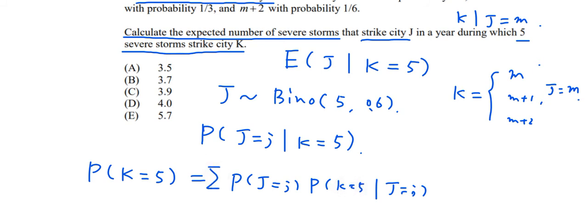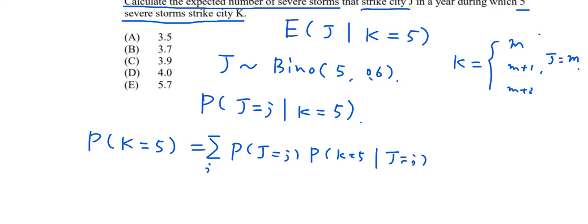We just check all the cases for J. If J equals j, then K can be j, j plus 1, or j plus 2, right?